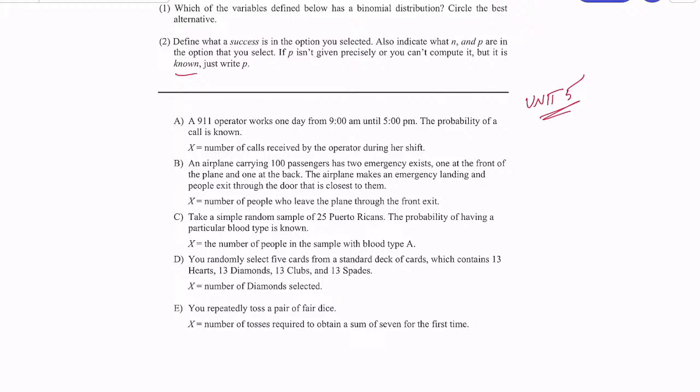All right, so remember, for a binomial distribution, there are just two parameters that matter. We discussed this, but now we're going to delve deeper into this topic.